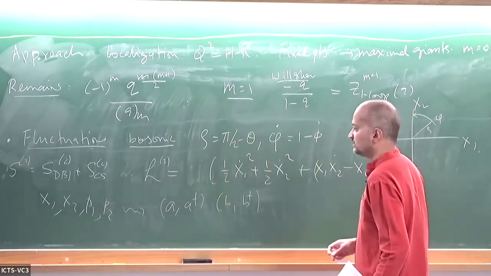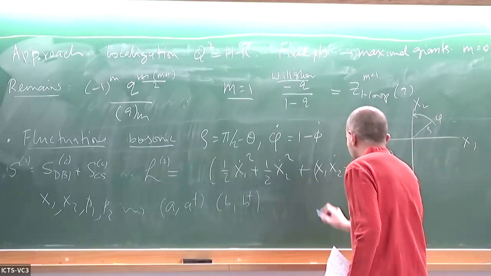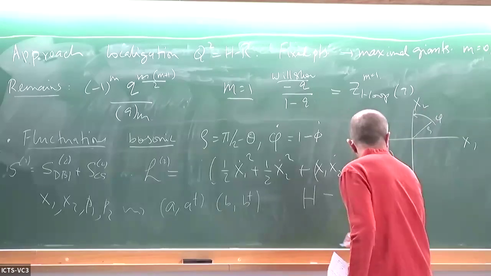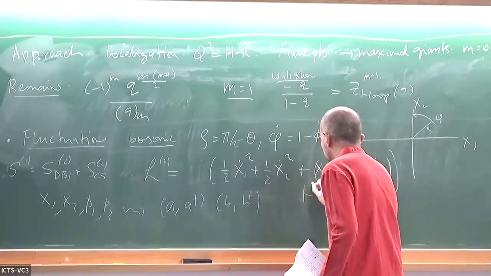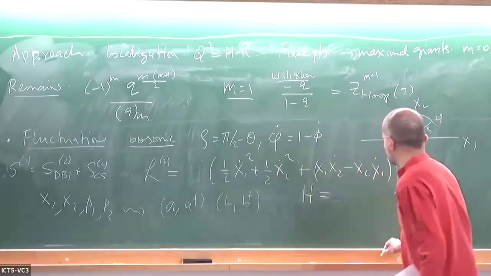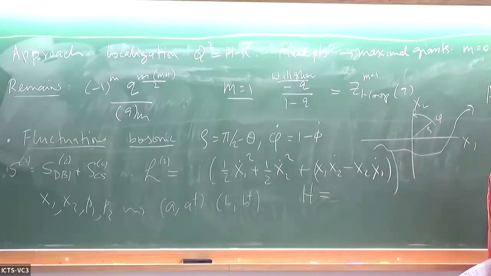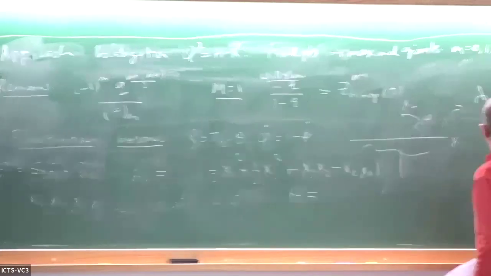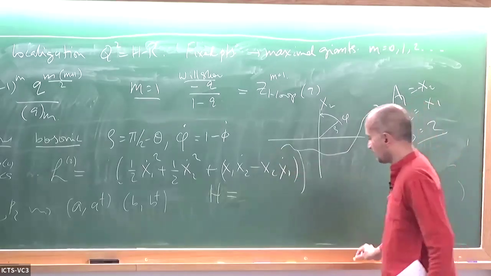Let me just write here, in blue. So H, the Hamiltonian, once I scale this out, notice what happens. From here, you see that the gauge field A1 is minus x2 and A2 is plus x1. So B is 2 in these units.